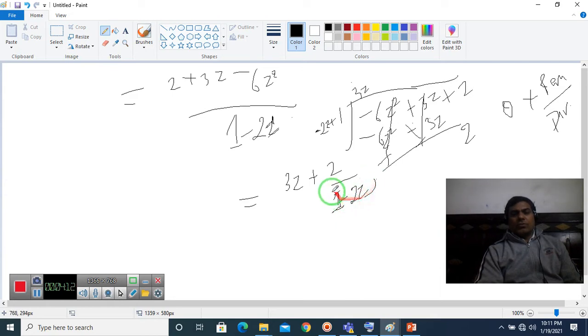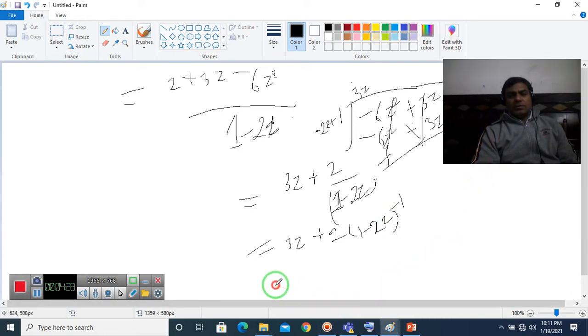Okay, now we should write in this way: 3z plus 2 times (1 minus 2z) to the power minus 1. Now we should expand this.